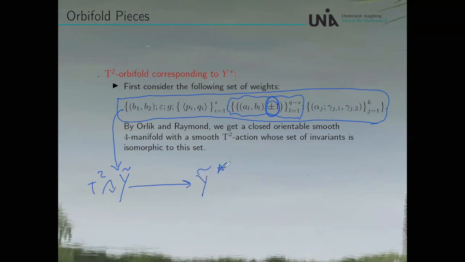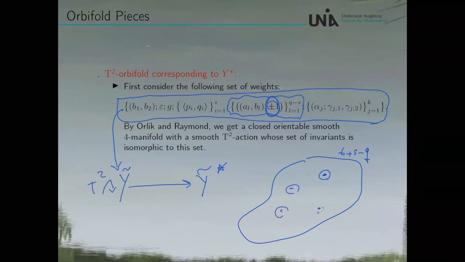To get y star from y tilde star, what I do is that I take T plus S minus Q, the number of boundary components with singular fixed points. I take this number of interior points, I take very small neighborhoods around them, and we take them out. What I'm left with is, in fact, y star.